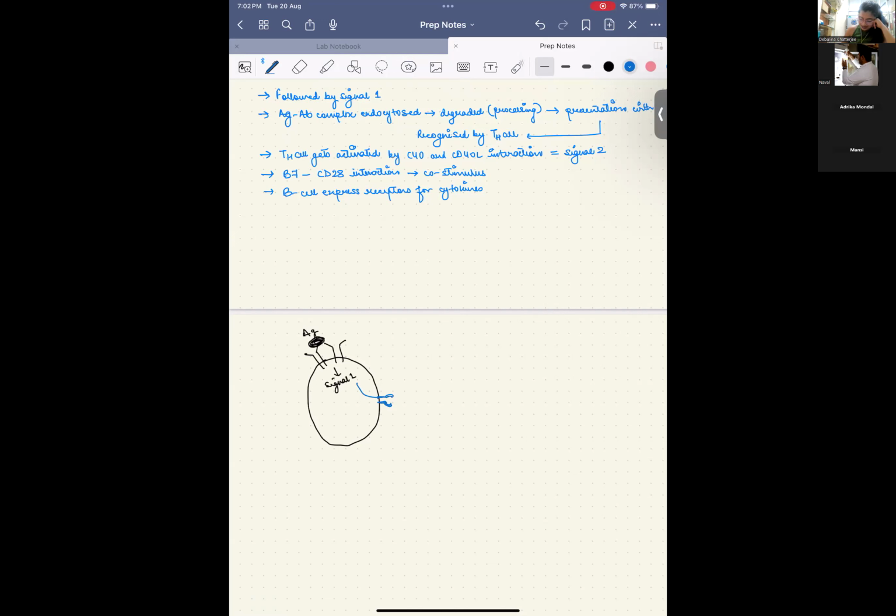So your cell is activated. MHC2 is constitutively expressed on the surface of B cell, right? So it is not like it was not there and only when the signal comes, but the expression of MHC class 2 increases. What also happens is the expression of another molecule called the B7 molecule increases.